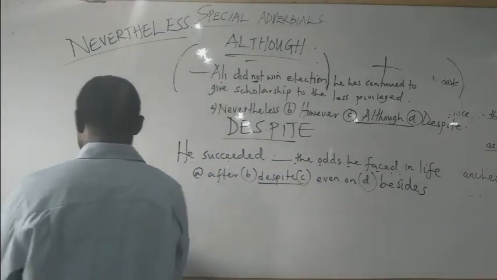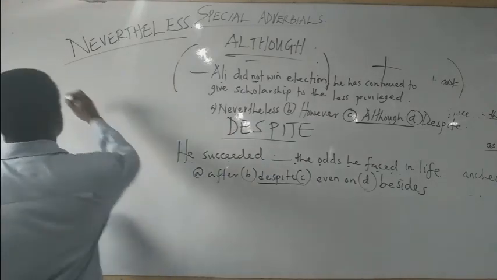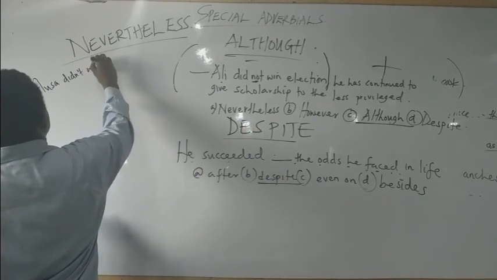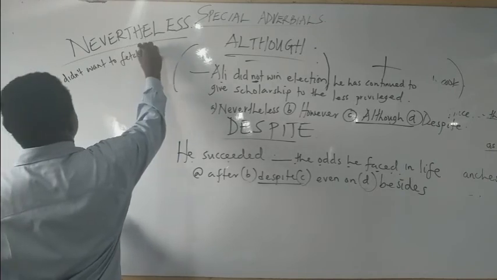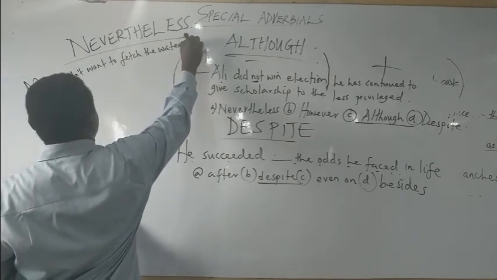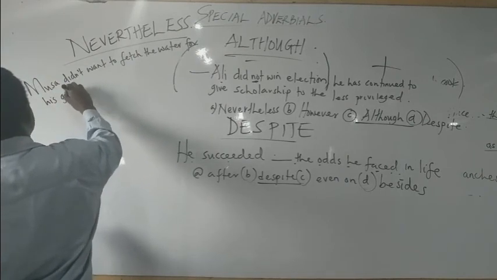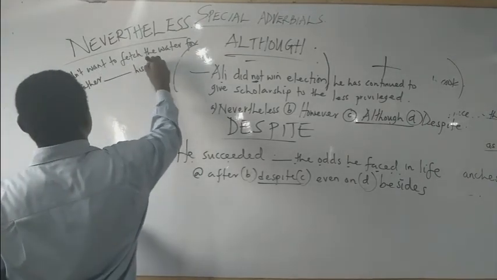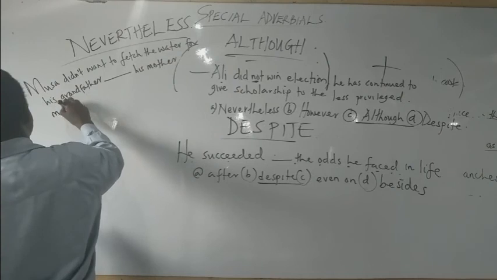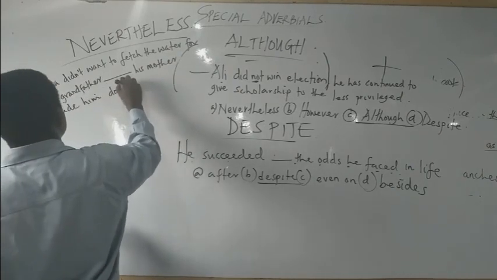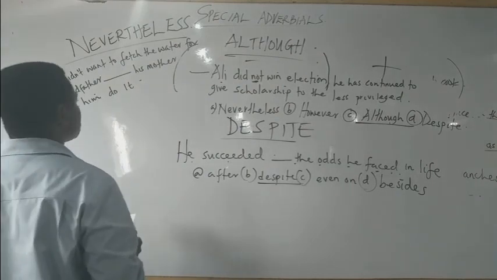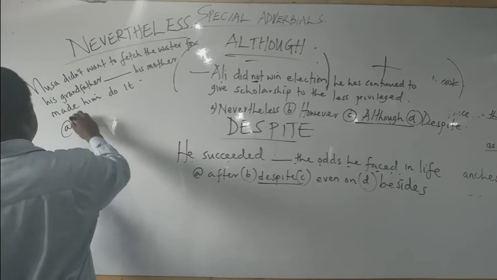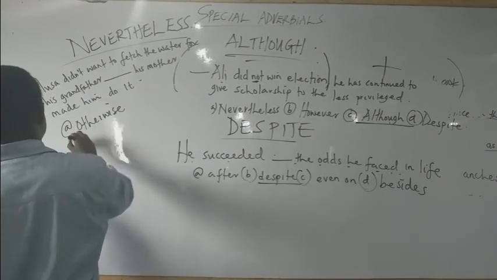Now let's see this. Look at this WAEC question. Musa didn't want to fetch the water for his grandfather, dash, his mother made him do it.